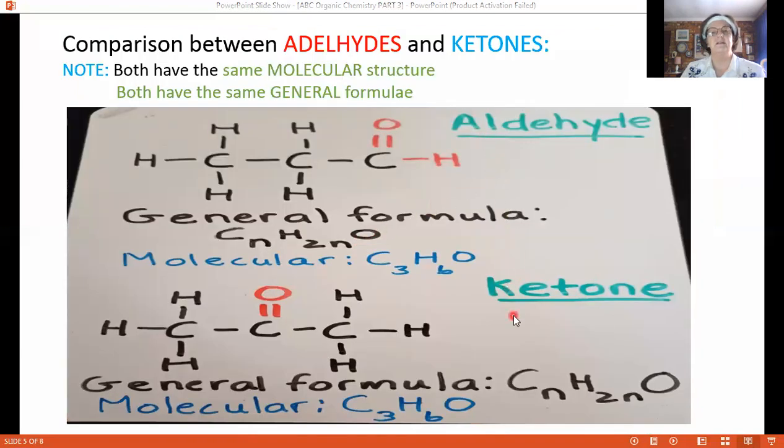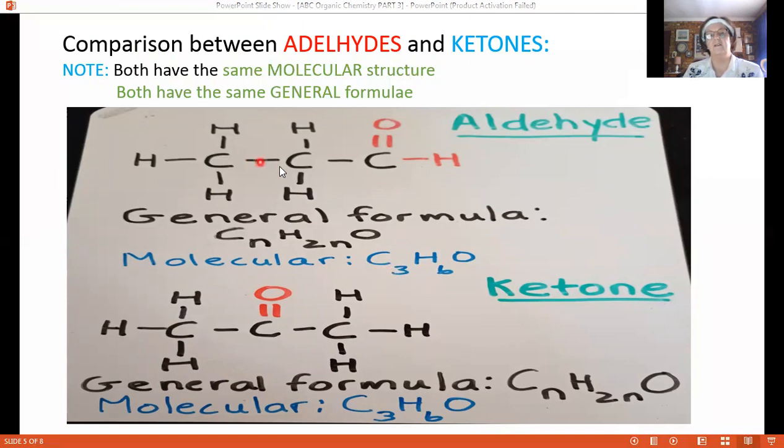So you can see the difference between the aldehyde and the ketone. Comparing them here, the aldehyde's functional group is always at the end of the chain, and the ketone's is always between 2 carbons. If you compare the aldehyde and the ketone, you note that the molecular formula is the same.